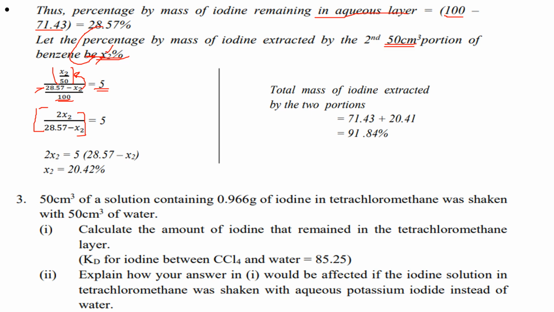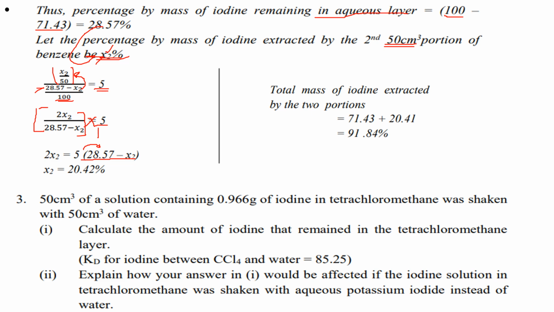So 2x2 divided by 28.57 minus x2. The next thing here is to cross multiply. On cross multiplying, you have 2x2 being equal to 5 multiplying these brackets. So you open up these brackets, 5 multiplying 28.57. Now I skipped those steps because my space was not enough, but you're not supposed to skip them.